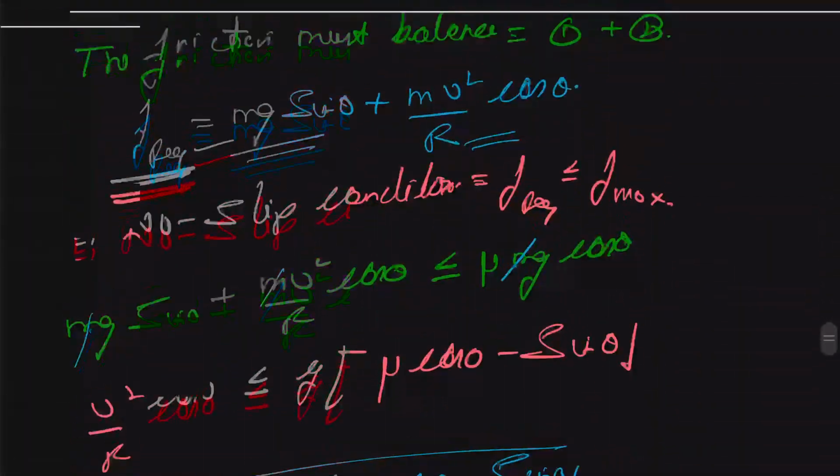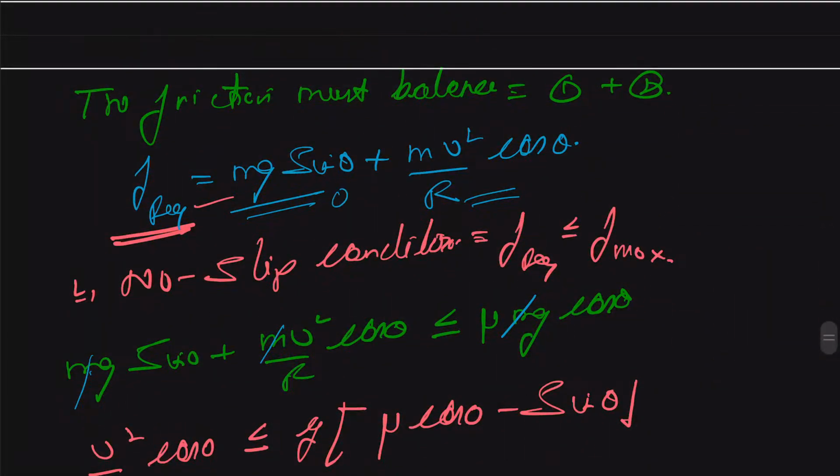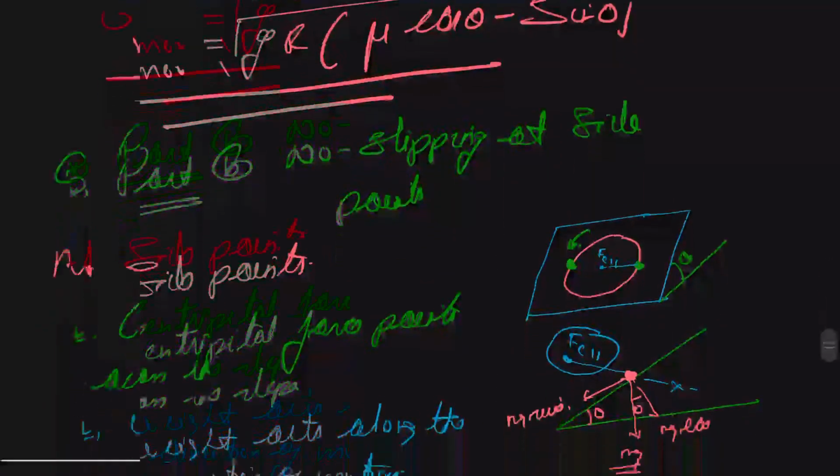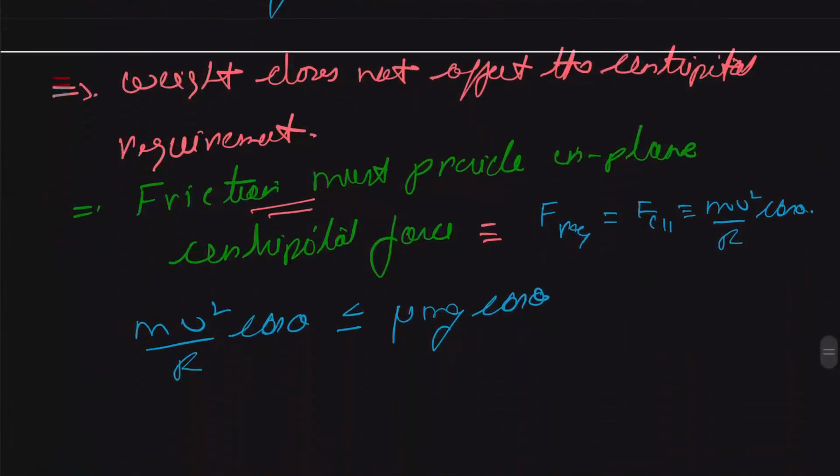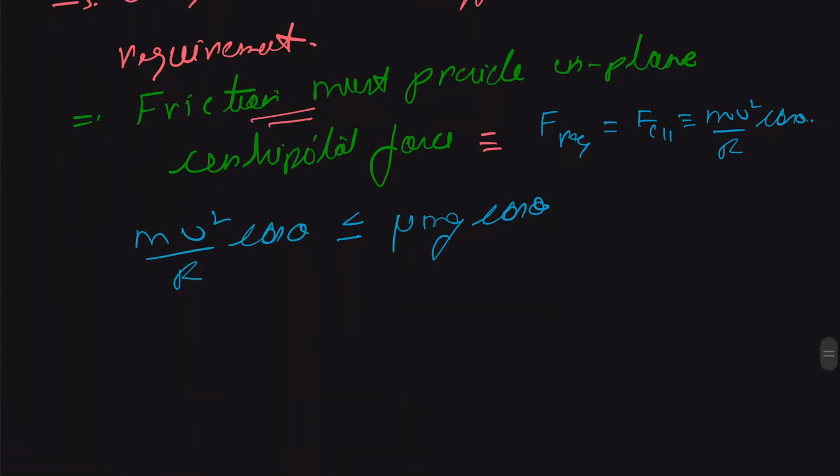But at the lowest point this weight component is equal to 0, as it is not in the radial direction. So F requirement for no slipping should always be less than or equal to F maximum friction.